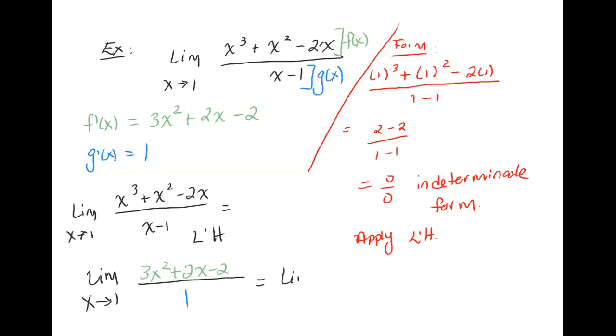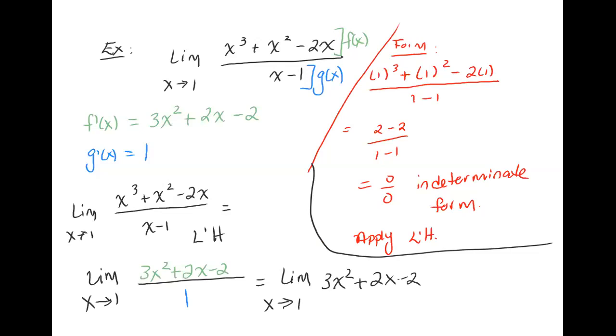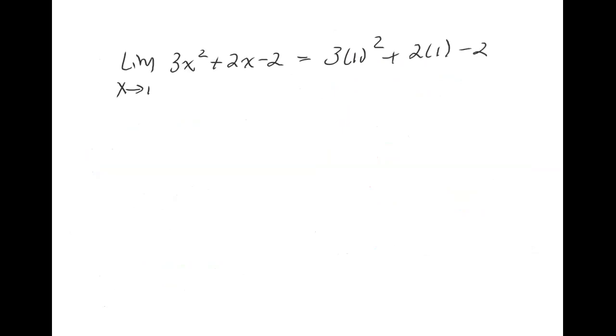That's equal to limit as x approaches 1 of 3x squared plus 2x minus 2. Now I can most definitely directly apply the limit. I'll plug in 1 for x. 3 times 1 squared plus 2 times 1 minus 2, which is equal to 3. So I could directly evaluate the limit once I applied L'Hopital's rule.